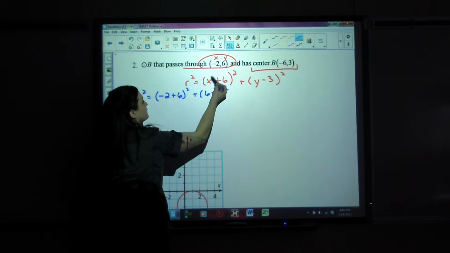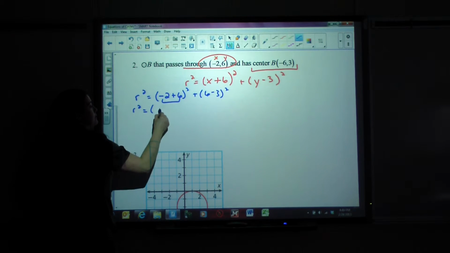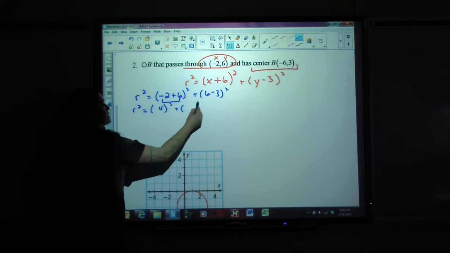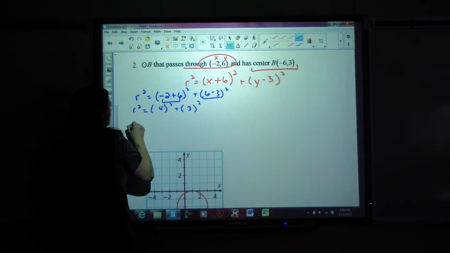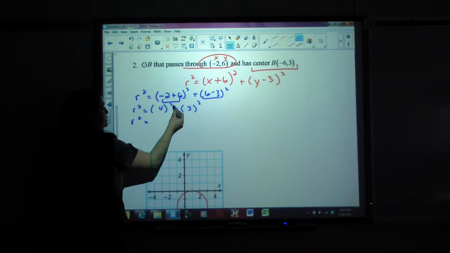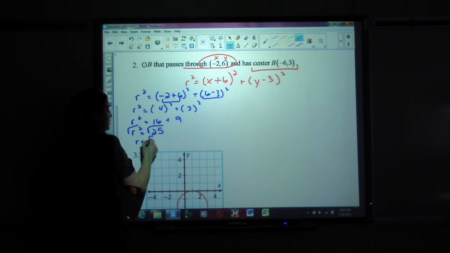So what I've done is plug -2 in for x and 6 in for y. So we have r squared equals 4 squared plus 3 squared. So r squared equals 16 plus 9. r squared equals 25. So r equals, if we square root both sides, r is 5.